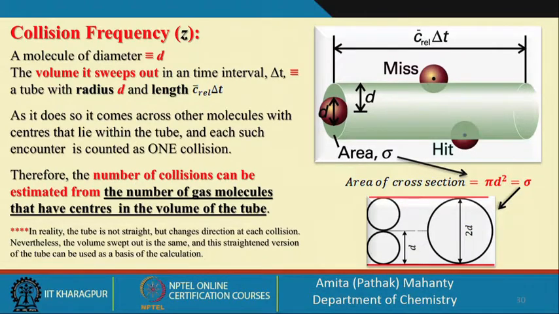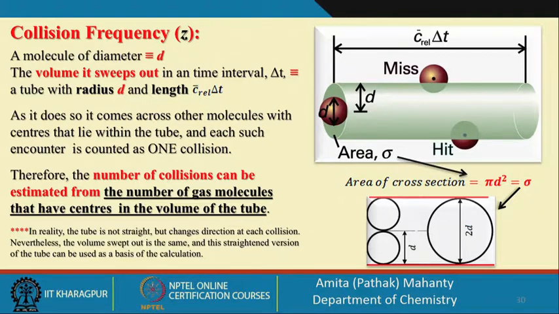To understand this more clearly, we usually visualize that only one molecule is moving. Suppose you have a molecule of diameter d, moving with the relative mean velocity, sweeping this volume.